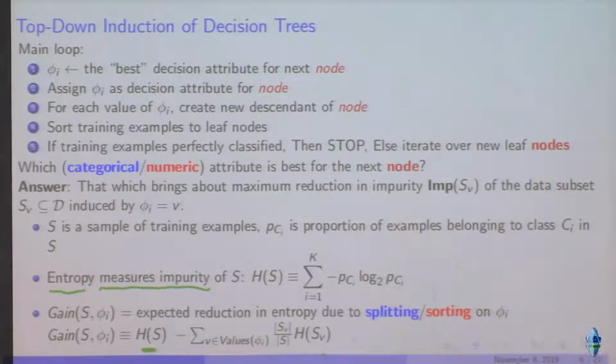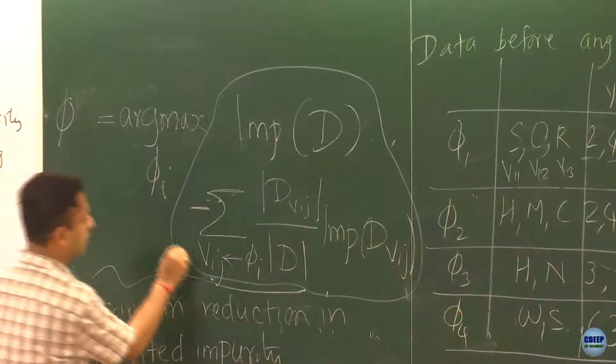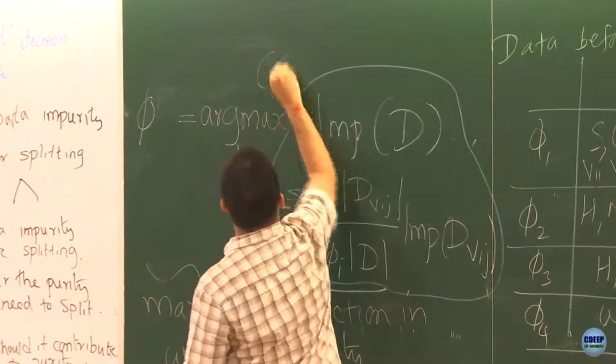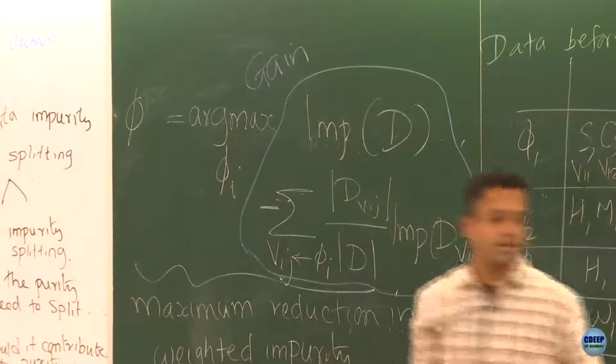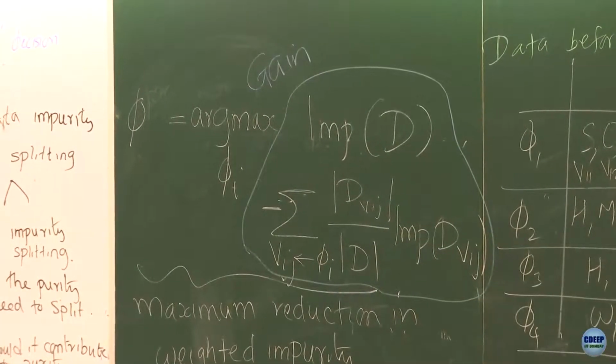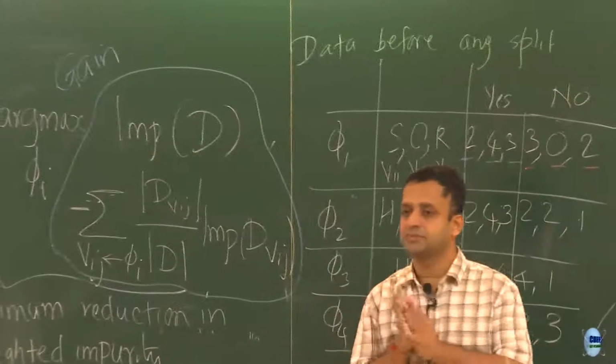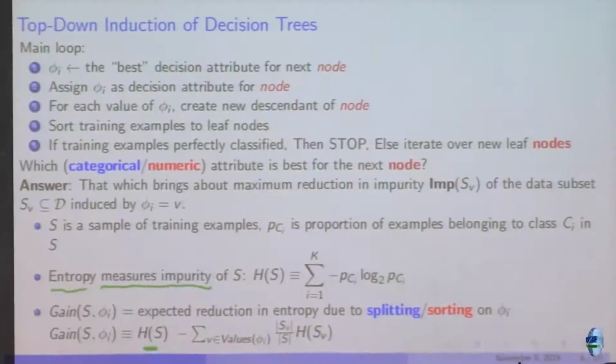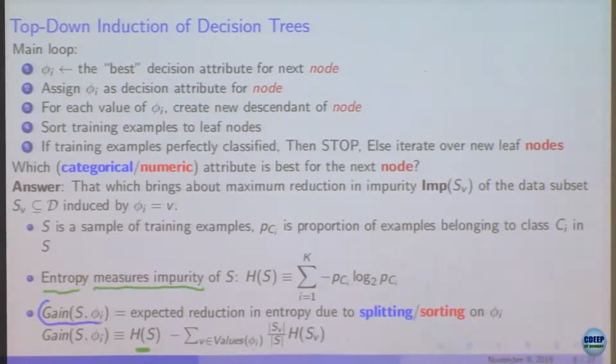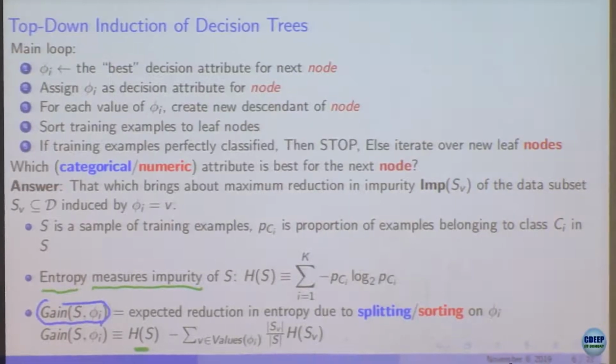This entire expression is often called the gain. So you will split on that attribute which has the maximum gain, the expected reduction in entropy.